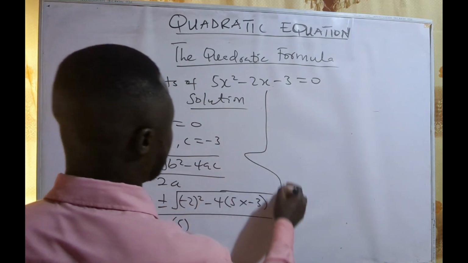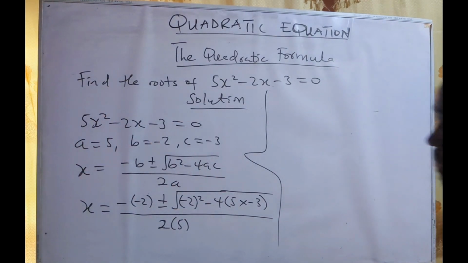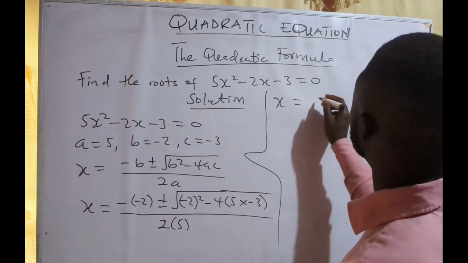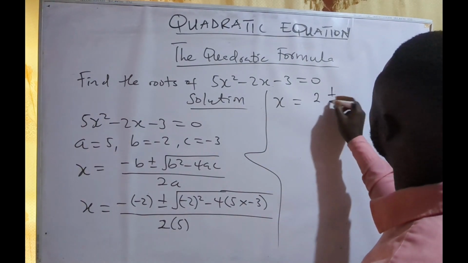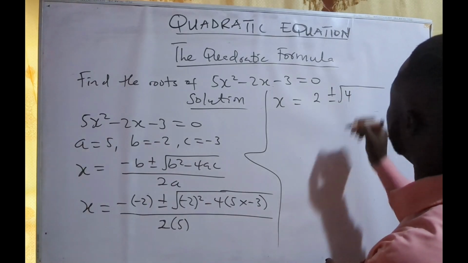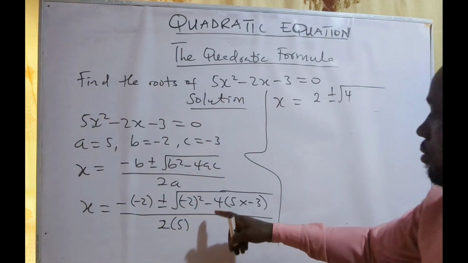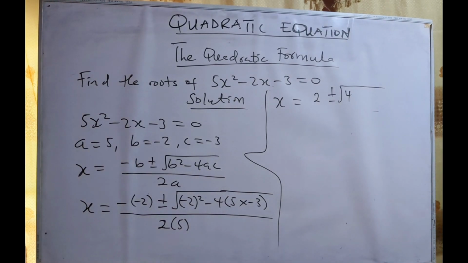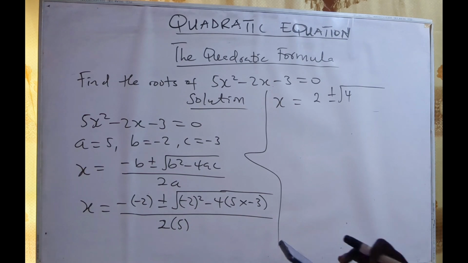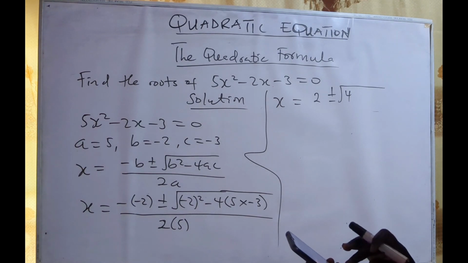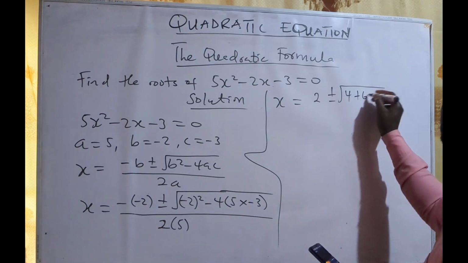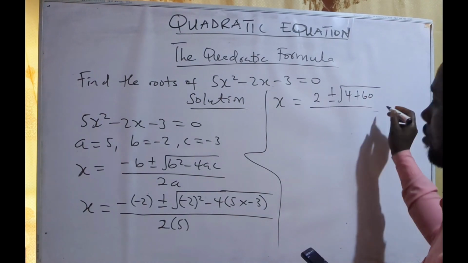Okay, so let's continue from here. So my x will now be equal to minus negative 2, which gives me 2, plus or minus negative 2 squared will give me 4. Then I multiply negative 4 by 5 by negative 3, and that will give me 60. So plus 60 all over 10.